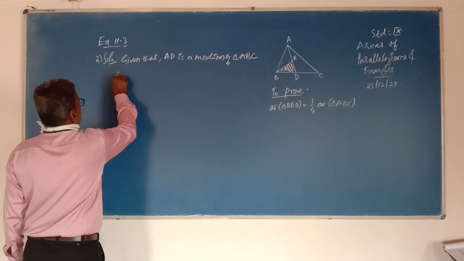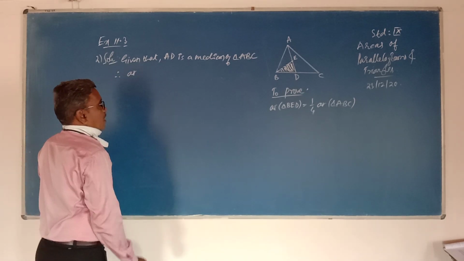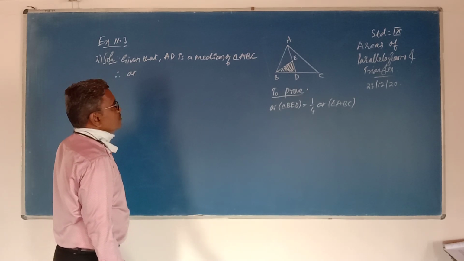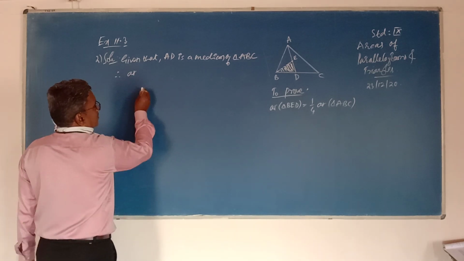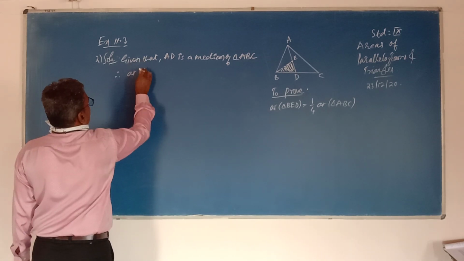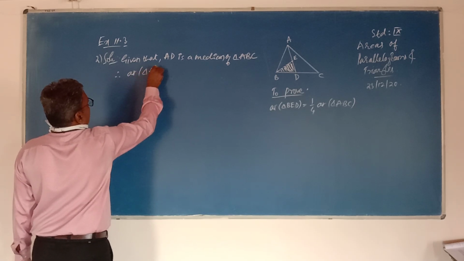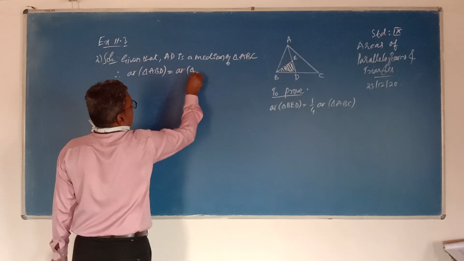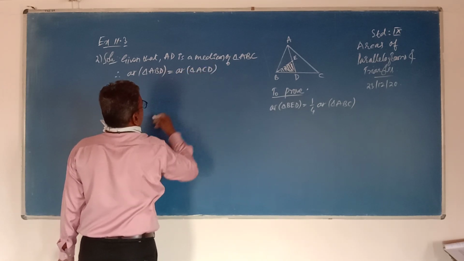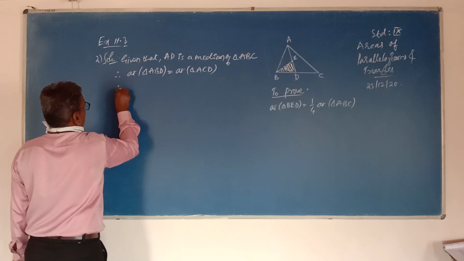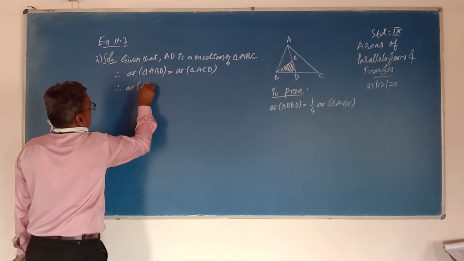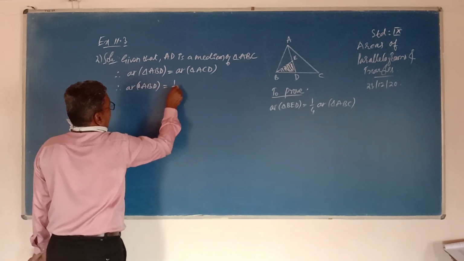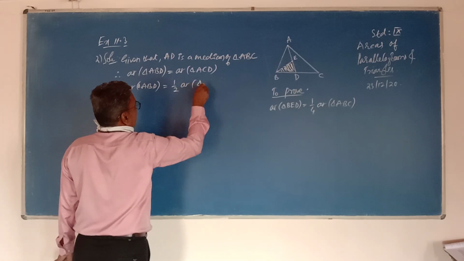Therefore, area of triangle ABD is equal to area of triangle ACD. That is, therefore, area of triangle ABD is half of the area of triangle ABC.